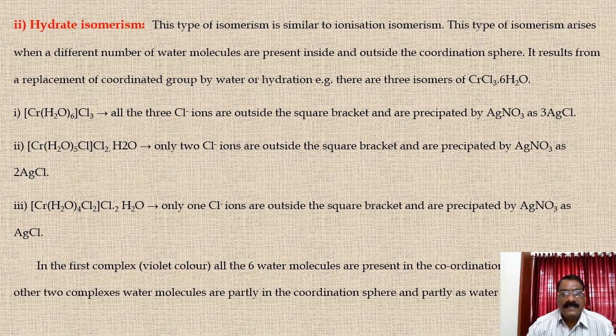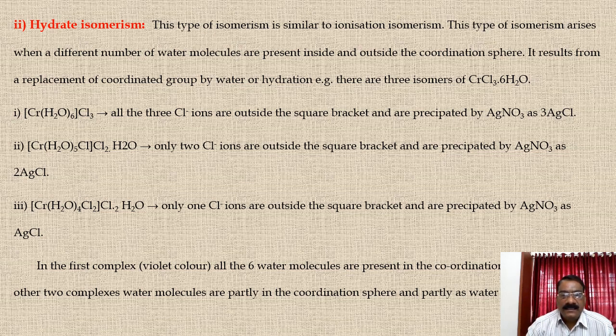All the three Cl ions are outside the square bracket and are precipitated by AgNO3 as three AgCl. Second, [Cr(H2O)5Cl]Cl2·H2O. Only two Cl ions are outside the square bracket and are precipitated as two AgCl. Third, [Cr(H2O)4Cl2]Cl·2H2O.